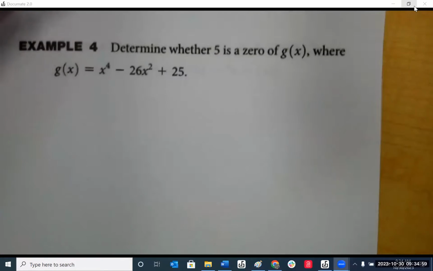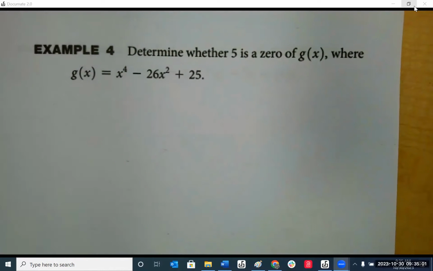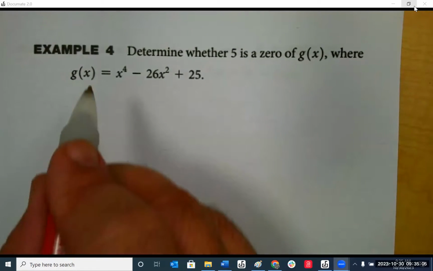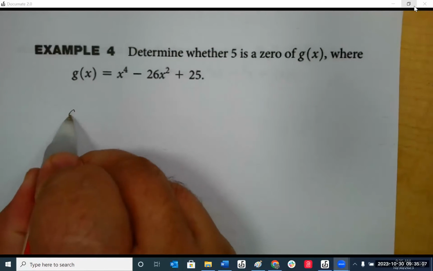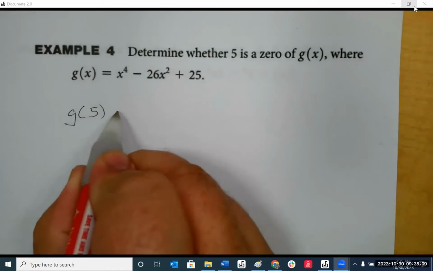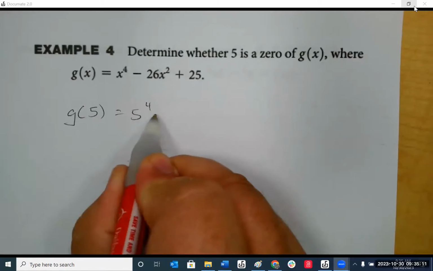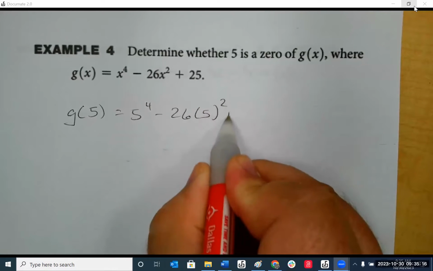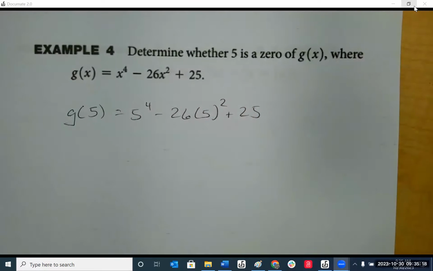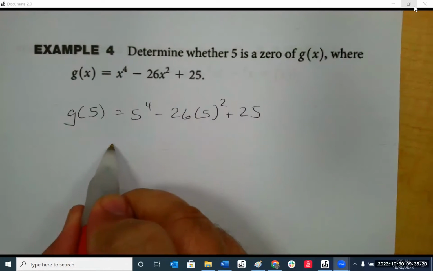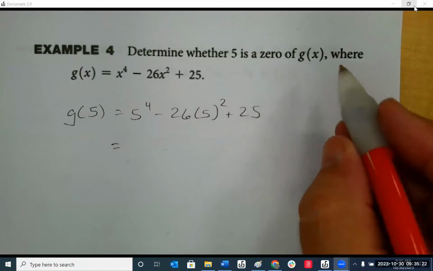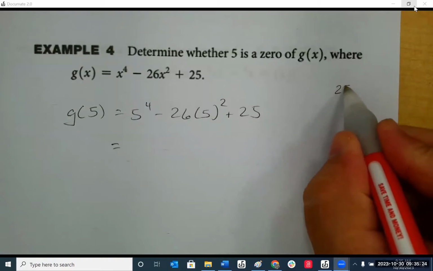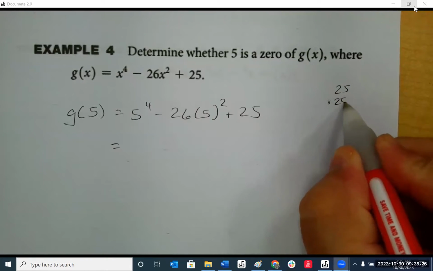Okay, determine whether 5 is a zero of this polynomial. All you have to do here is just plug it in there. Five to the fourth is 25 times 25.